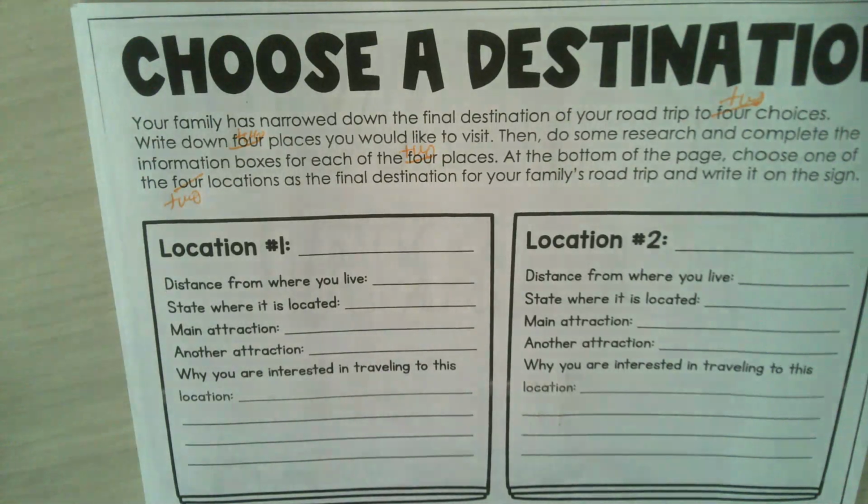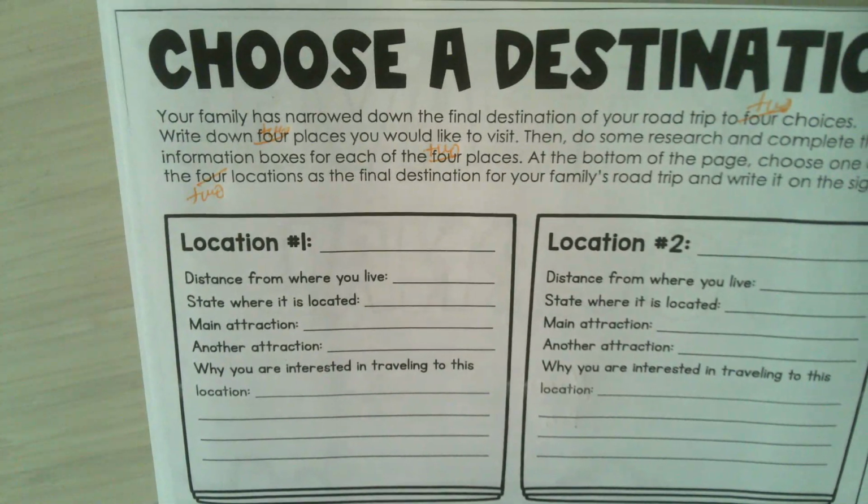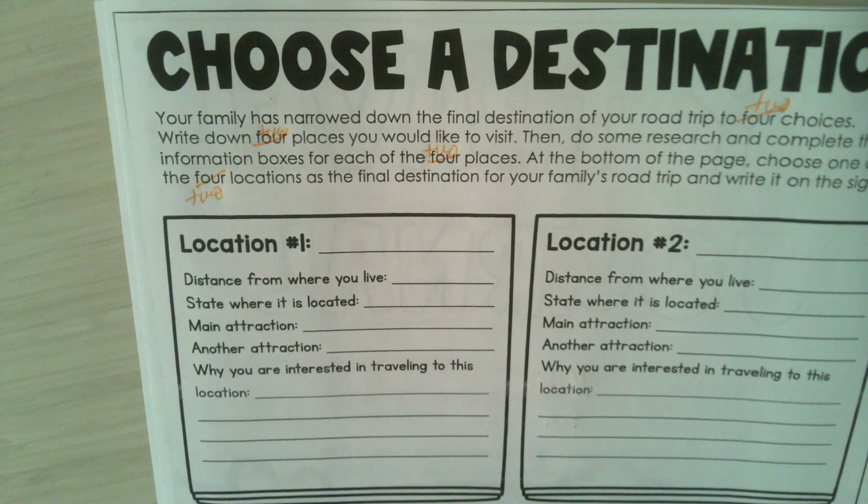Maybe it's Florida, you want to go to the beach. Maybe you want to go to the Grand Canyon. Maybe you want to go on a dinosaur dig. There are all different types. California, all different types, but you are not flying. It's a road trip. Road trip means you're going to go in a vehicle, a car, a van, and you're driving there.